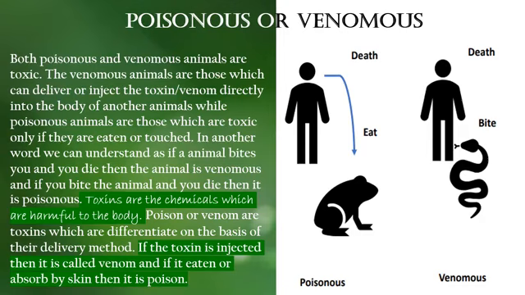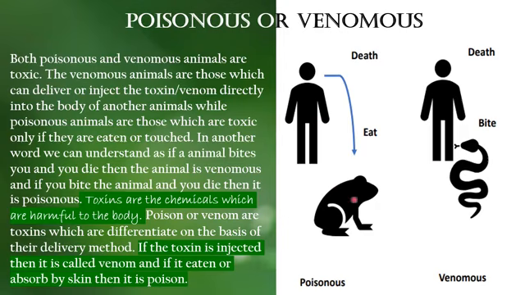Both poisonous and venomous animals are toxic. The venomous animals are those which can deliver or inject the toxin or venom directly into the body of other animals, while the poisonous animals are those which are toxic only if they are eaten or touched.